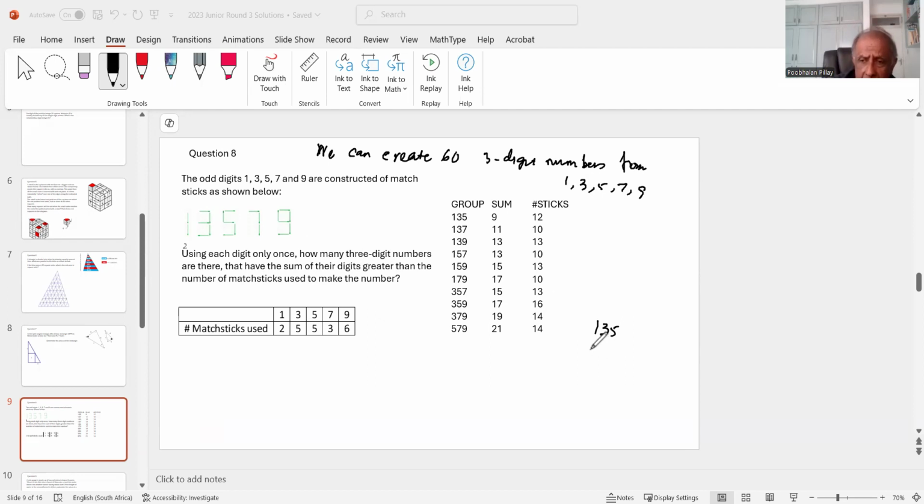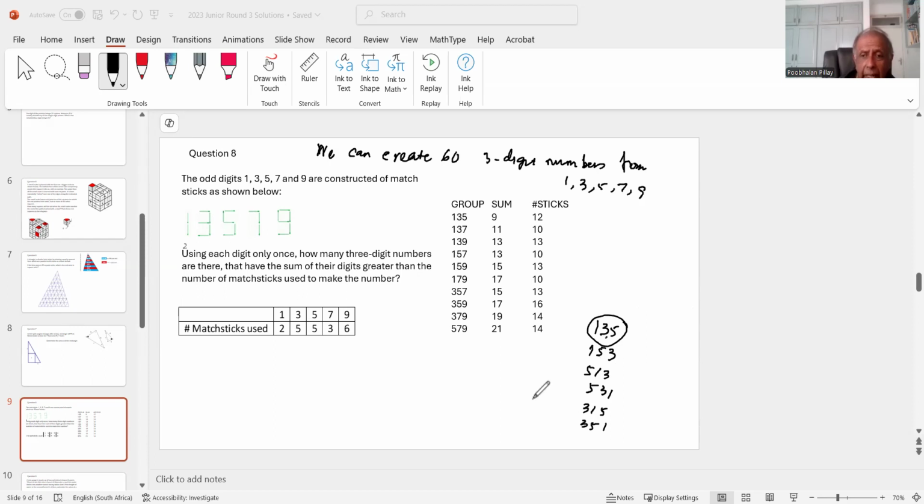Now, those numbers can be mixed around: 153, 513, 531, 315, 351. So you can make 135, 153. Starting with 5, you can make 513, 531. Starting with 3, you can make 315, 351. So there are 6 numbers you can make using only those.